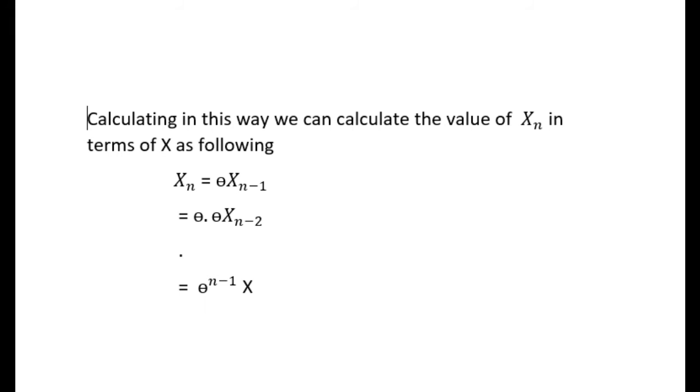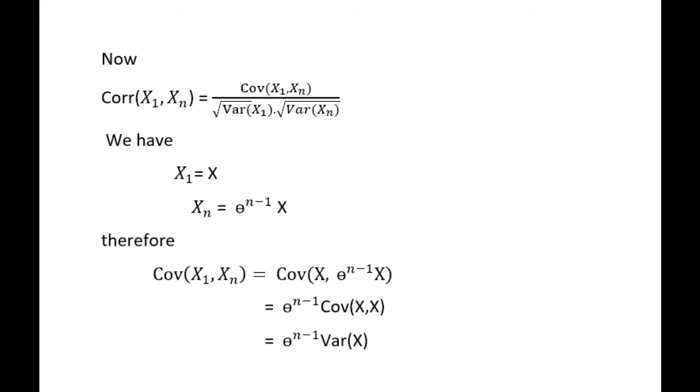Now, to calculate the correlation between x1 and xn, we will use the formula based on covariance and variance. Correlation between x1 and xn equal to covariance between x1 and xn divided by square root of variance of x1 into square root of variance of xn.